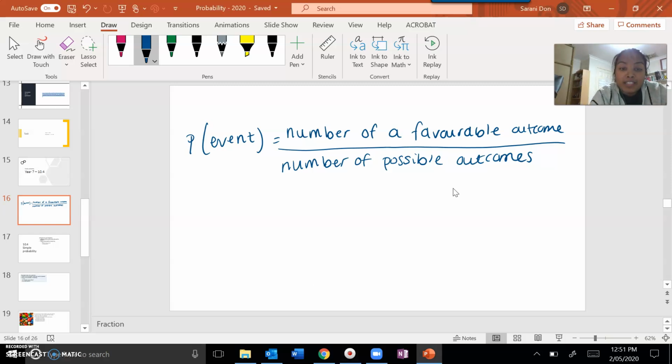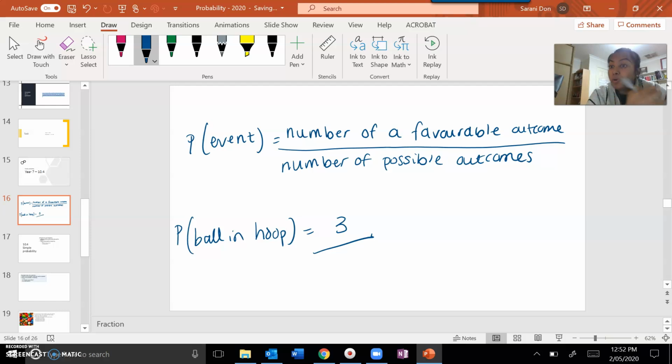So in this case, if I were to write it, let's say ball in hoop. That is what the event was. The number of favorable outcomes, so how many did I actually get in? It was 3. And how many were the possible outcomes? So altogether, how many chances did I get? 20.